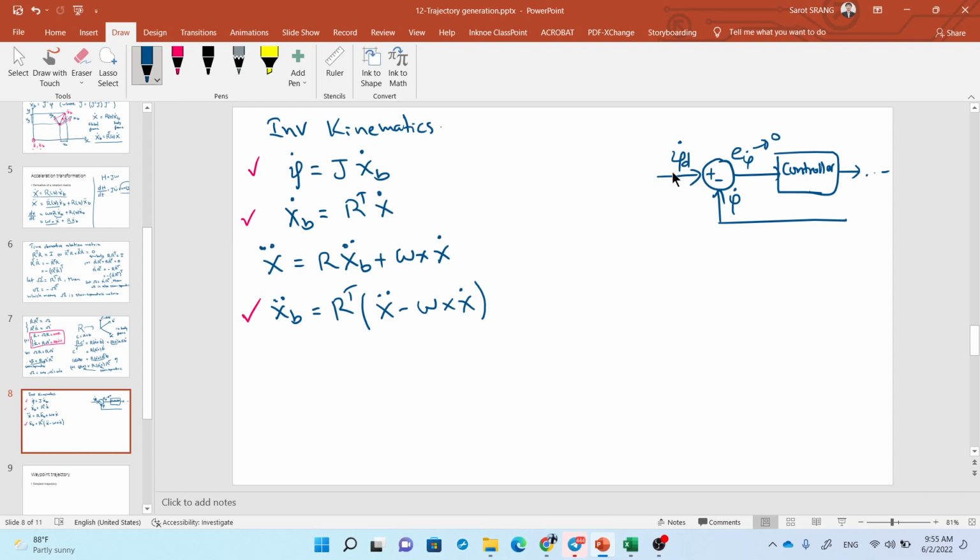Let's say here it may also need acceleration from here, and do some compensation to here, right? Okay, let's, dot here.